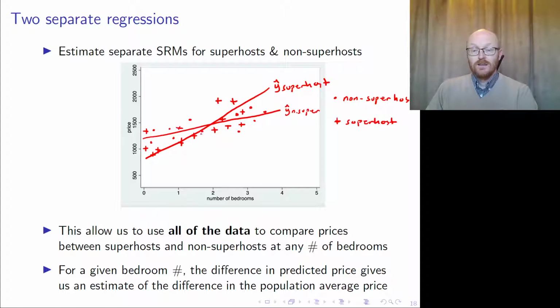You see that now we can use these regression lines to say something about the price offered by these 2 groups, adjusted for the number of bedrooms. So we can say something about the price given the number of bedrooms.